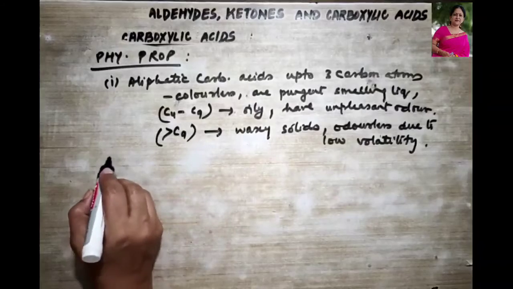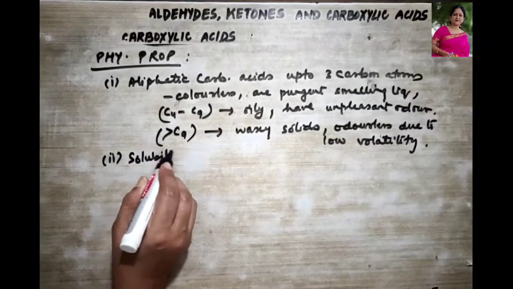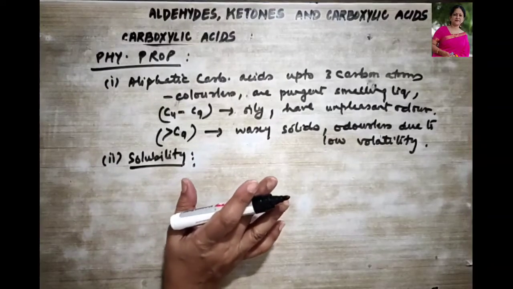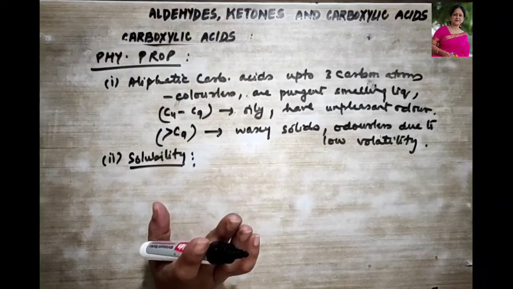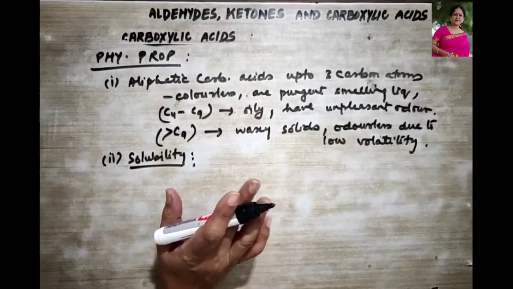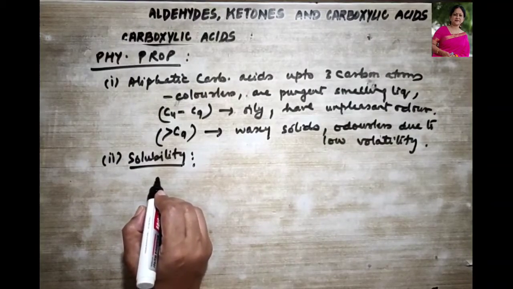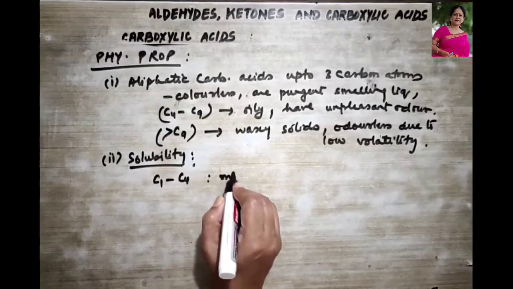Now let's talk about the second point, their solubility. What do we know about the solubility? Simple aliphatic carboxylic acids having up to 4 carbon atoms, from C1 to C4, are miscible in water.